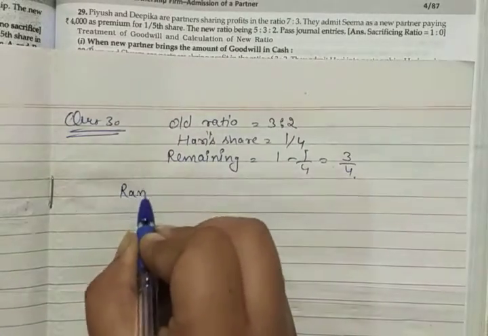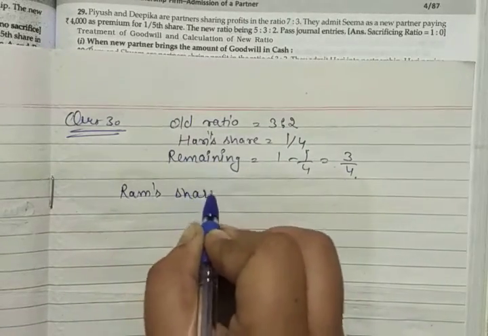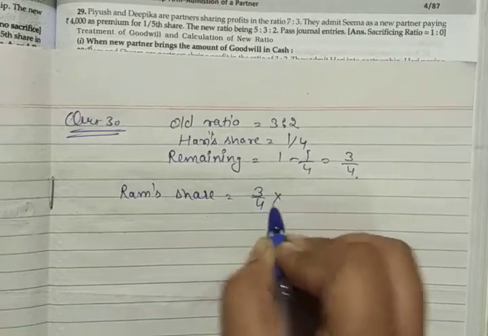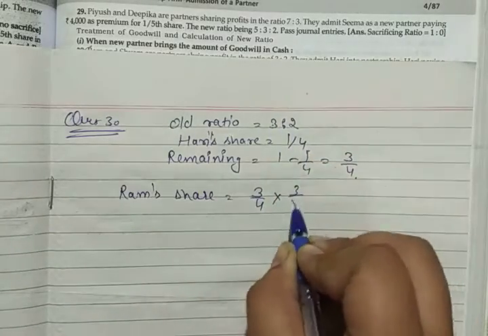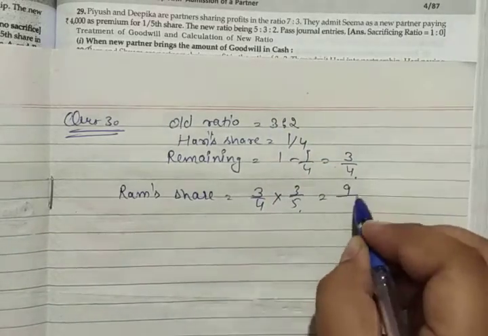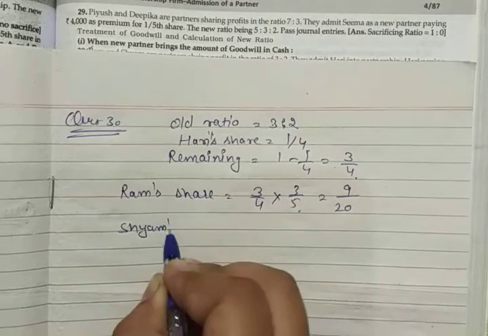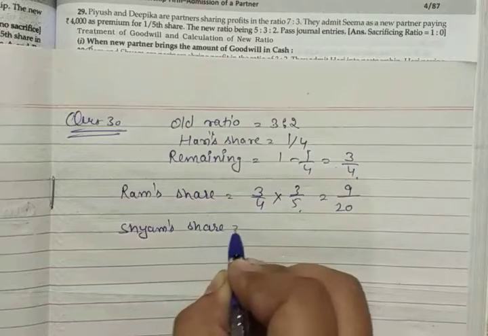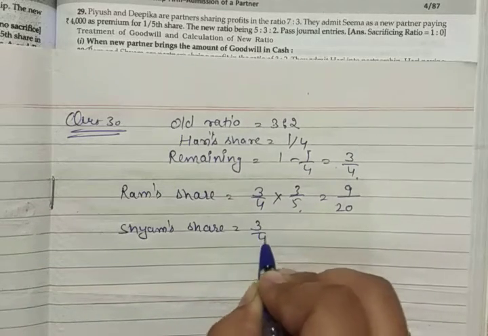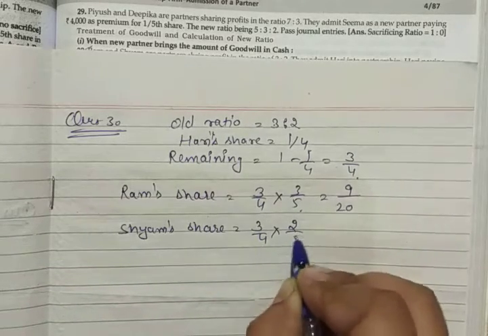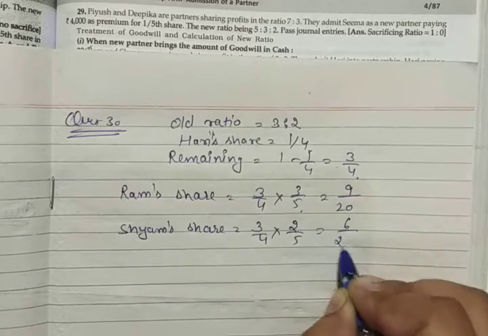So Ram's share will be 3 by 4 into 3 by 3 plus 2, 5. This becomes 3 3s are 9, 5 4s are 20. Then come to Shyam's share. Shyam's share is 3 by 4 into his old share 2 by 5. This becomes 6 by 20.